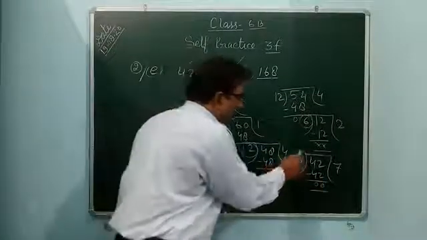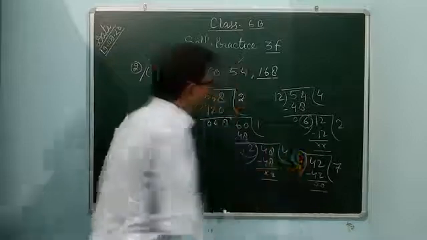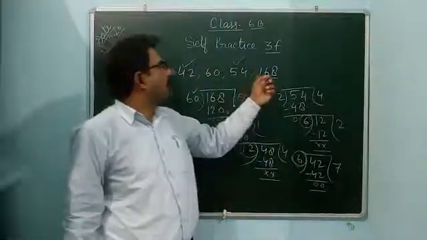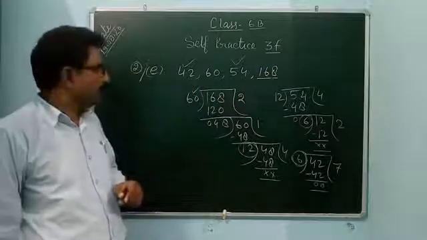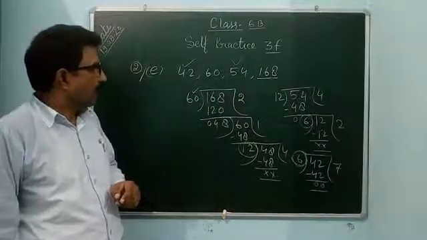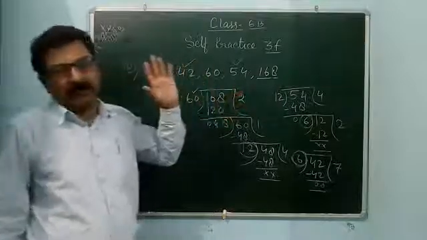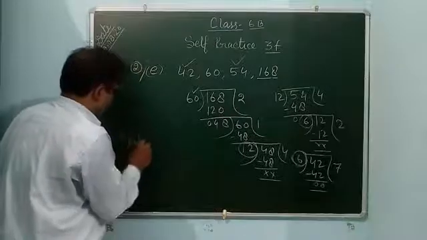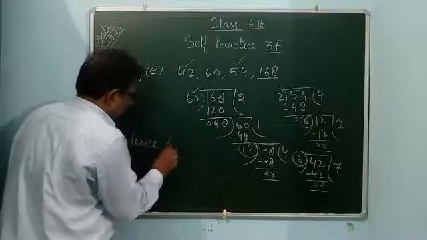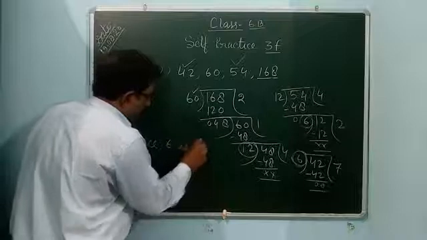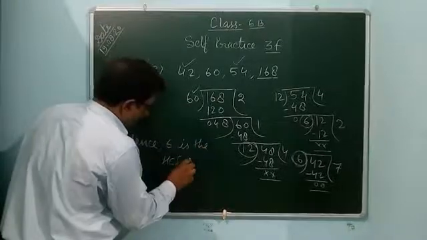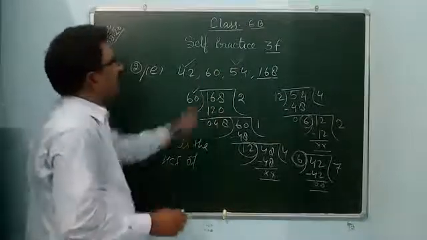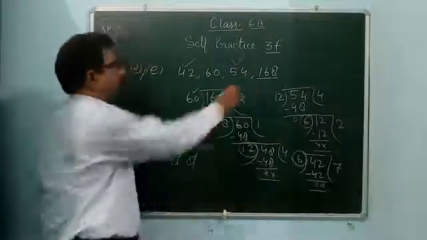So the last divisor, 6, divides exactly 42, 60, 54 and 168. The remainder will be 0. So 6 is the HCF, hence 6 is the HCF of the given numbers 42, 60, 54 and 168.